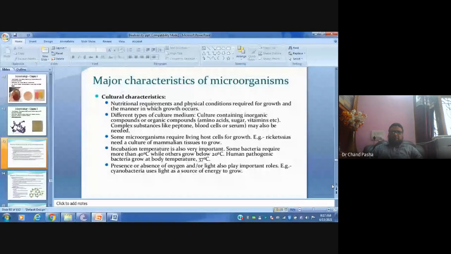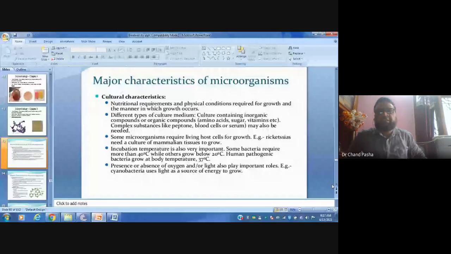And bacteria like Rickettsia require host tissue to grow. Without host tissue, it will not grow; in the laboratory, we cannot grow them. Even viruses require cells. Oxygen is required for cyanobacteria, and light is required for all algal forms. Requirements will be characterized for dividing them into different groups.